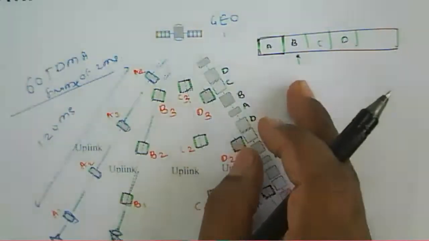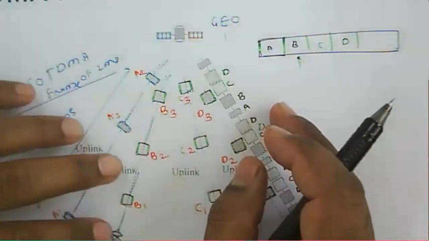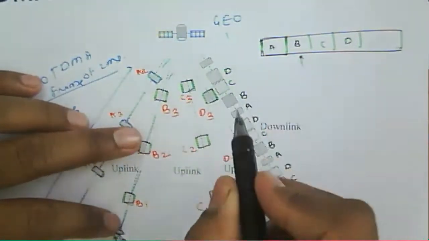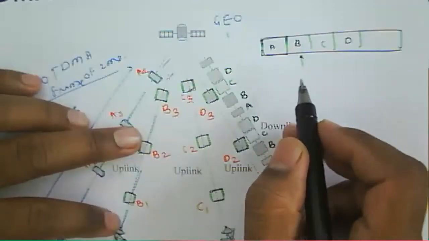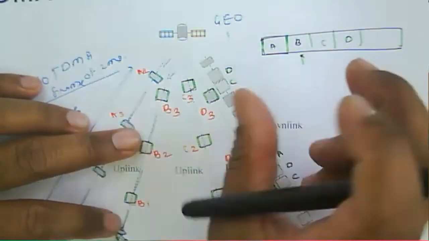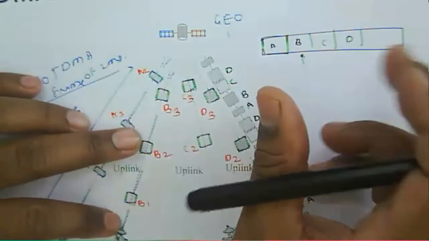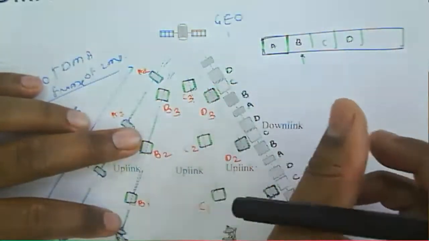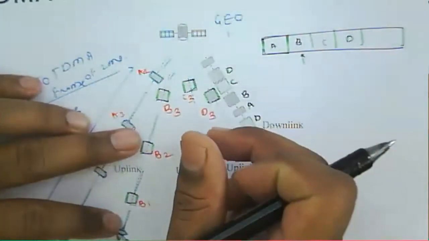If the burst is placed accurately at that particular position, then there won't be any overlap, and that will be a synchronized one.